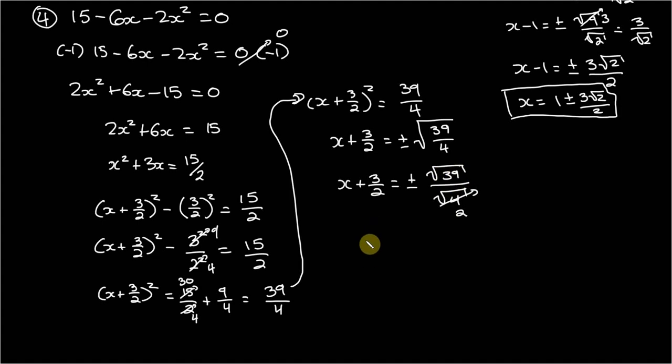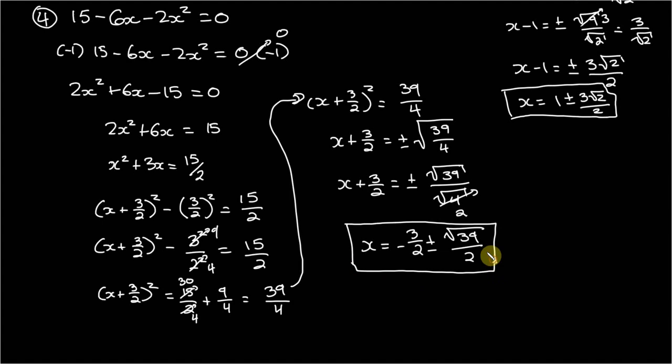And so we are left with, finally, x equals negative 3 over 2 plus minus root 39 over 2. Those are our solutions: negative 3 over 2 plus root 39 over 2, and negative 3 over 2 minus root 39 over 2. Just like that, and we are done.